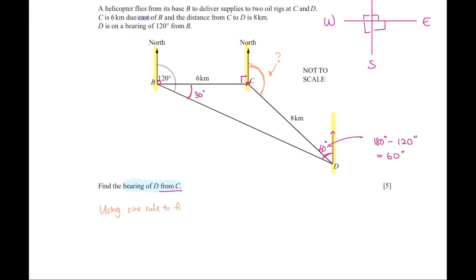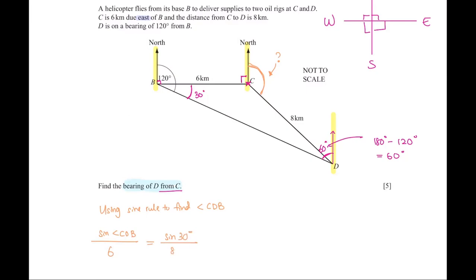Using sine rule to find angle CDB: sine of angle CDB over the opposite side, which is 6, is equal to sine 30 over 8 kilometers. I should be able to find it.